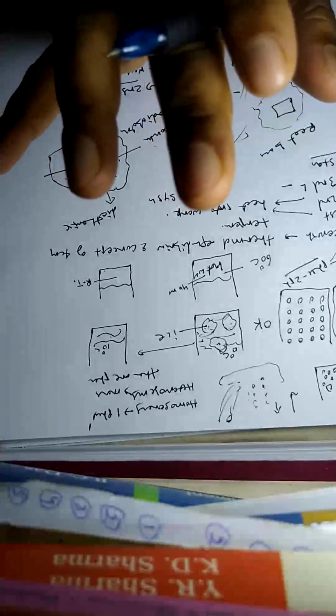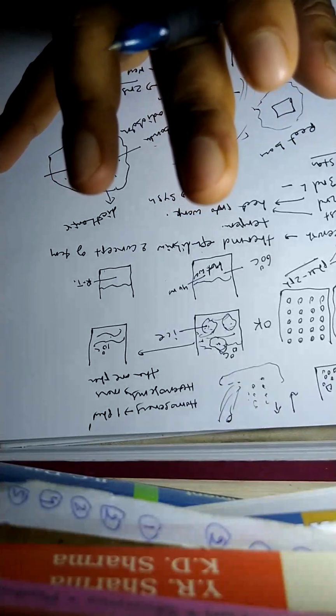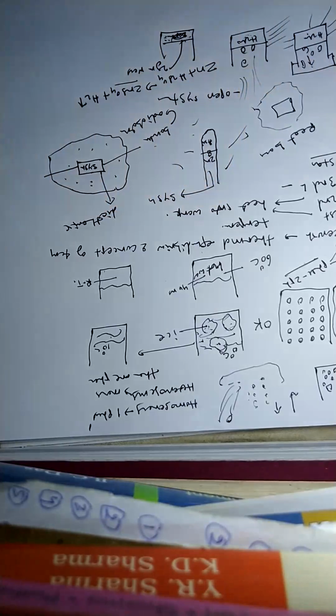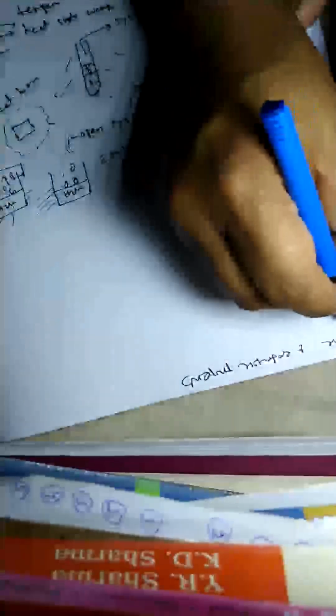Similarly, we can say that, depending upon the thermodynamic property, there are two types of thermodynamic property: intensive property and extensive property.